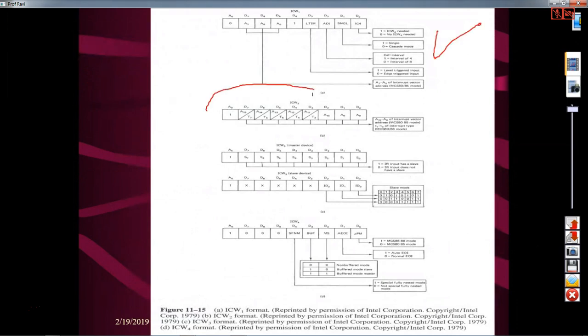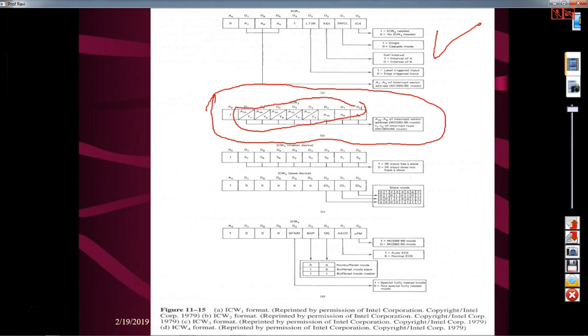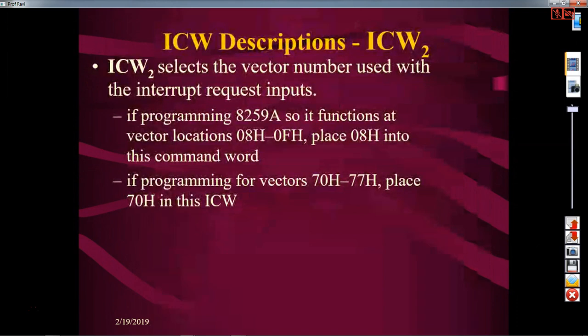Now let us see initialization command word 2. The initialization command word has 8 bits. Let us see what these bits are in detail. This ICW2 selects the vector number used with interrupt request inputs.